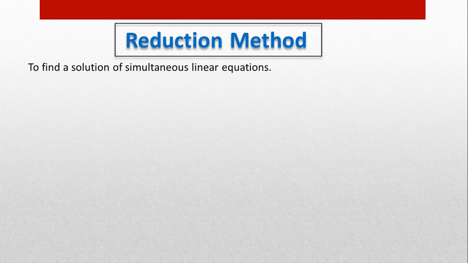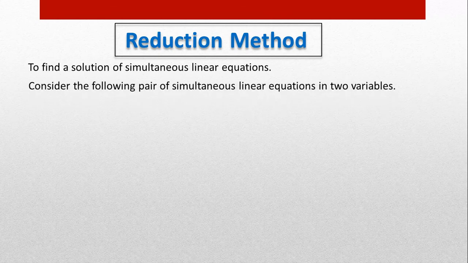Now we will discuss the reduction method to solve the system of linear equations. To find a solution of simultaneous linear equations, how will you use the reduction method? Consider the following pair of simultaneous linear equations in two variables.